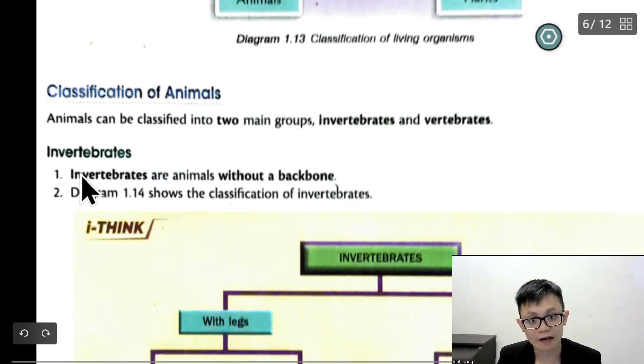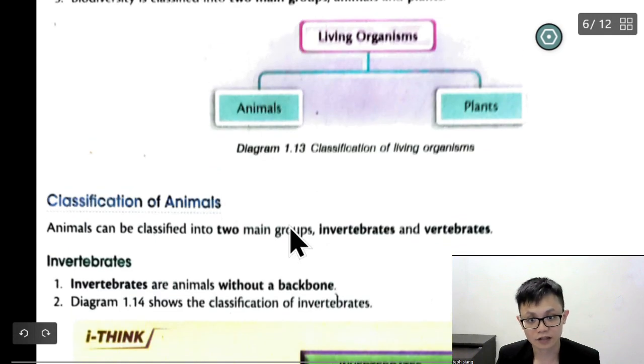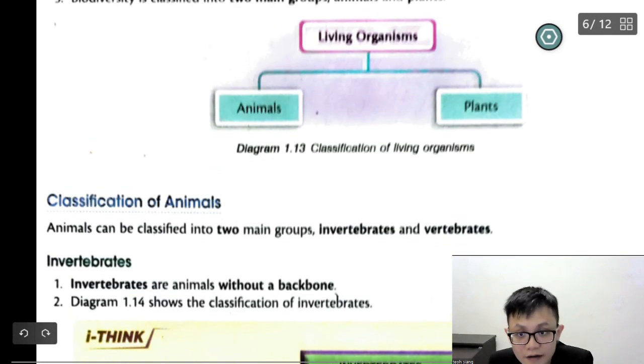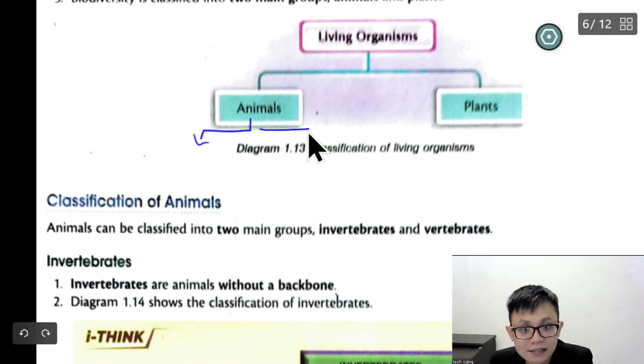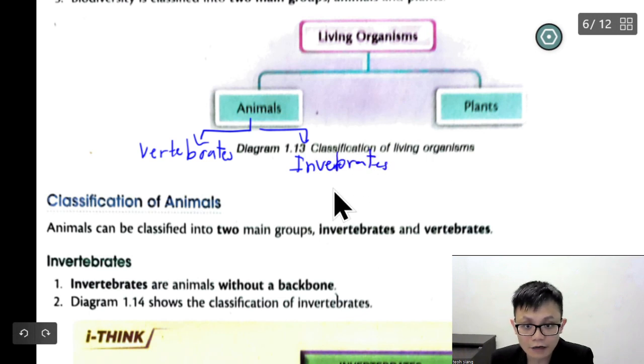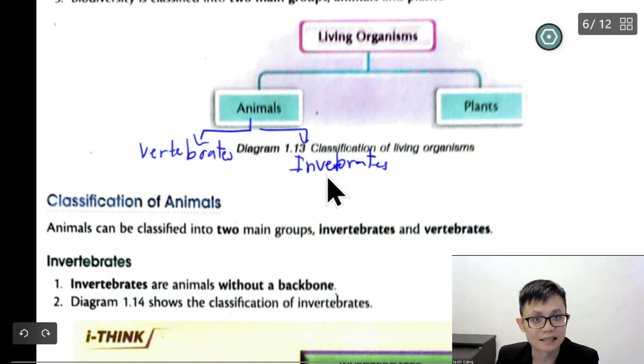After that, we have vertebrates and invertebrates. From here it becomes two: one is vertebrates, and another one is invertebrates. Vertebrates and invertebrates, what does it mean?